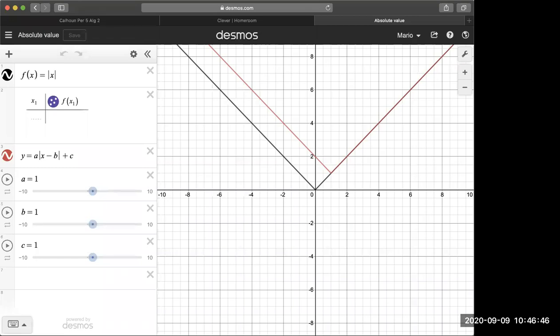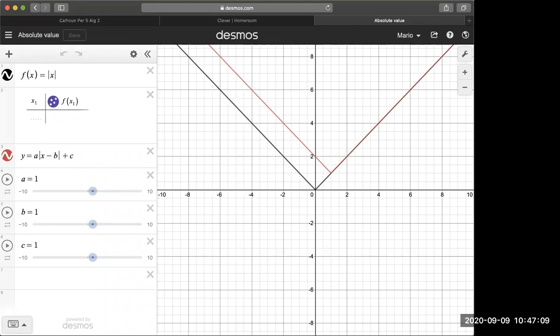Okay. So absolute value technically is defined as the distance from 0. And when we get the absolute value, because it's distance, distance cannot be negative just by definition. Distance is 0 or positive.